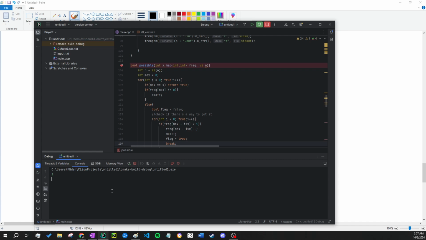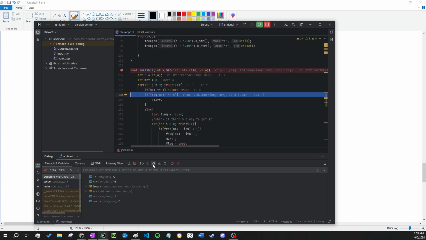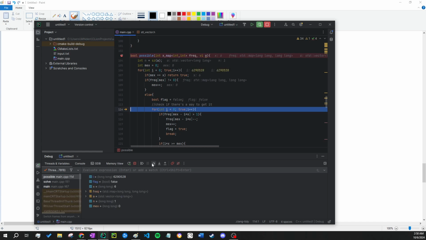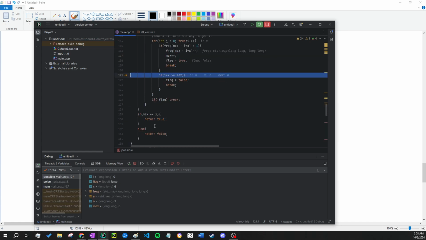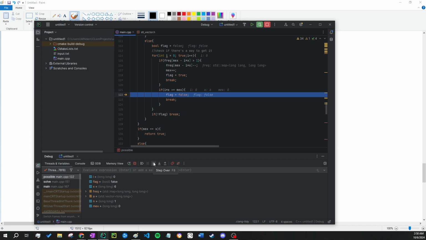Hopefully... oops, wrong. What's this? Okay, so it's 0. That's obvious, right? Because there's nothing. Wait, no, this is not true. So, wait, why is it true?